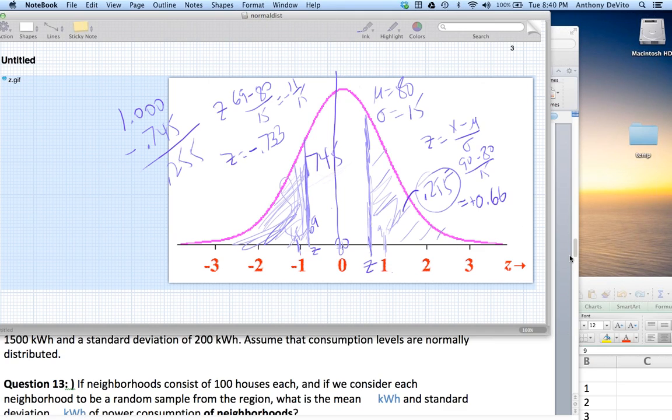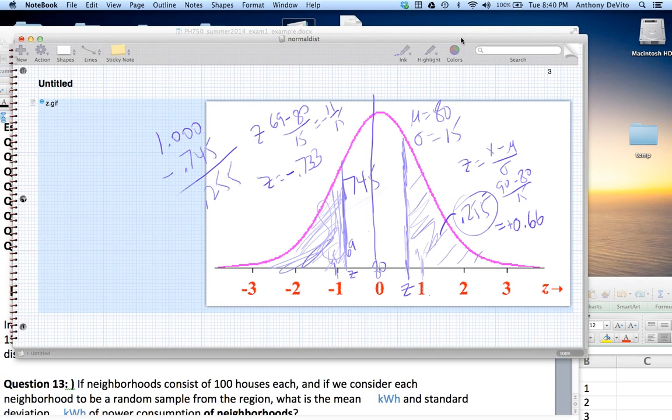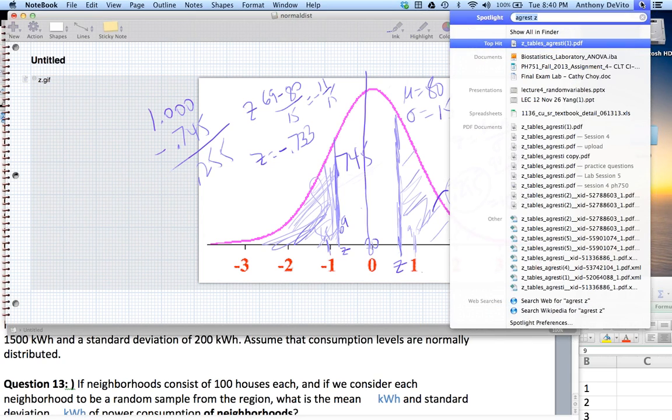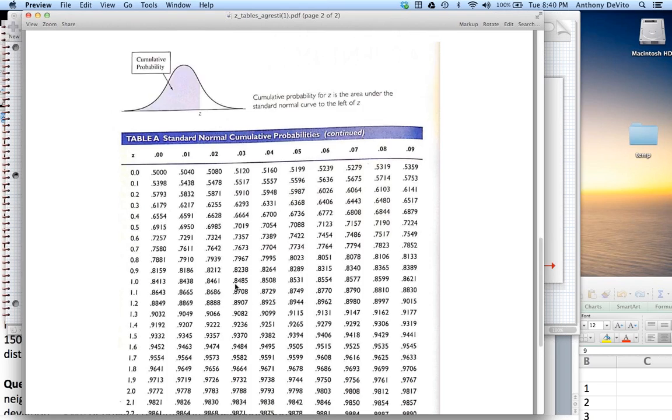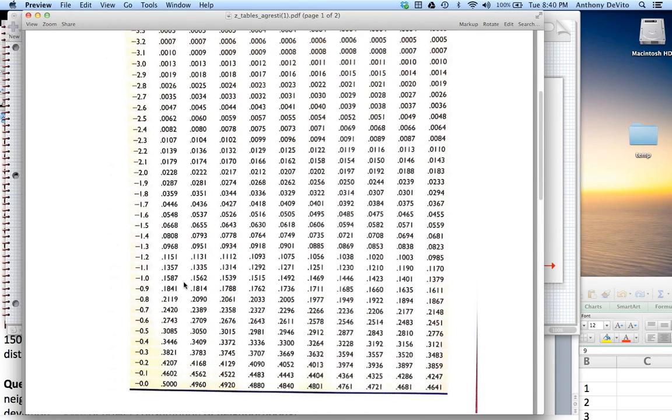So we're going to go to our z table again. If I can get to it back here, buried somewhere. There it is. Negative 0.733. That's the closest I can get.